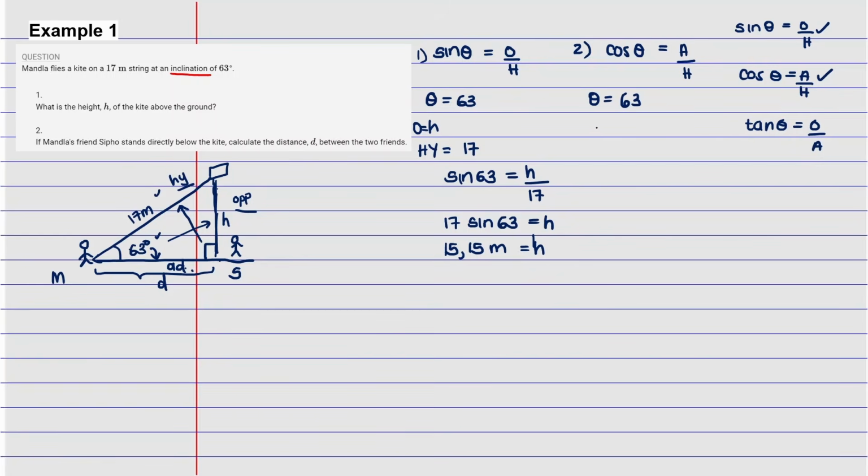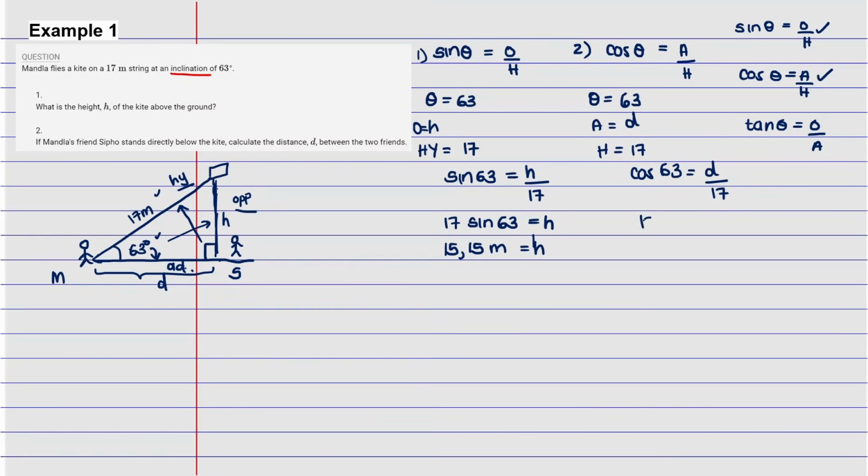We know that the adjacent is going to be equal to D, which is the distance that we want between Mandla and C4. Then we know that the hypotenuse is going to be 17, right? So substitute. So cos 63 is equal to D divided by 17.